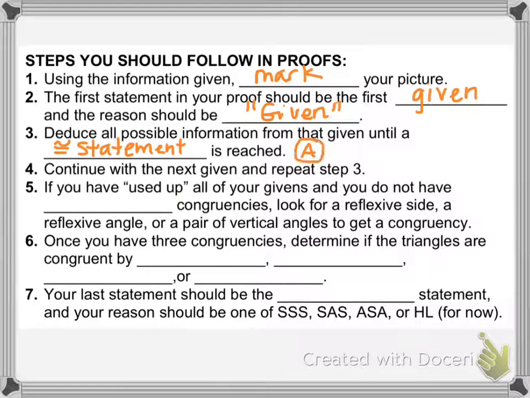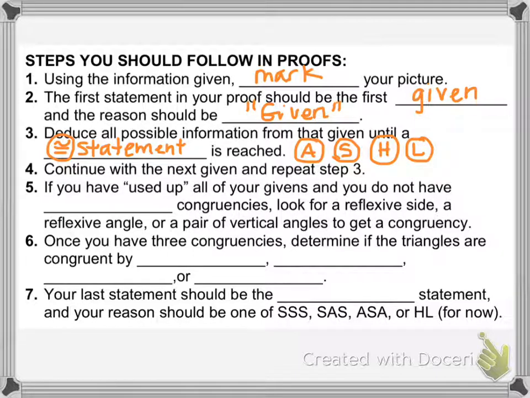And I wanted you to get in the habit of writing S's and A's off to the side with a circle because that's going to help you with this part. If you're trying to use HL, you would want a congruent statement that says your hypotenuses are congruent or your legs are congruent, okay? So you're trying to get to one of these statements, and it has to have a congruent symbol in the statement in order for us to say it's an A, S, H, or L.